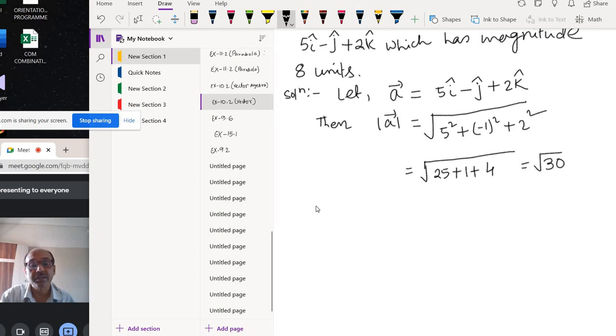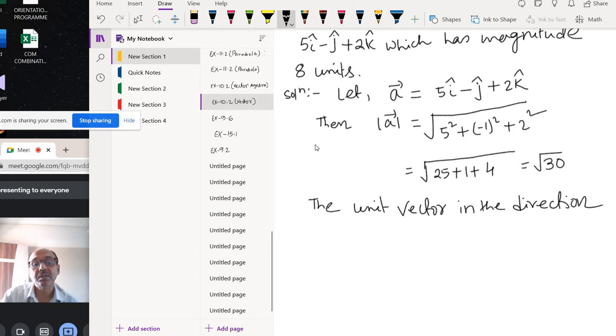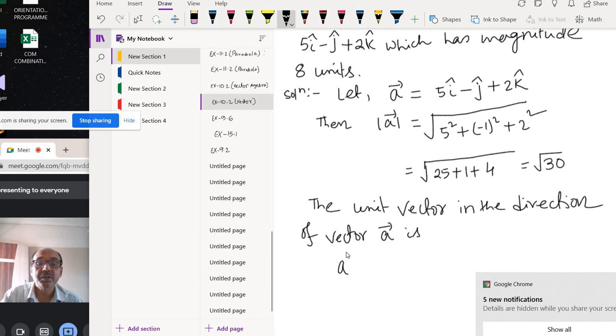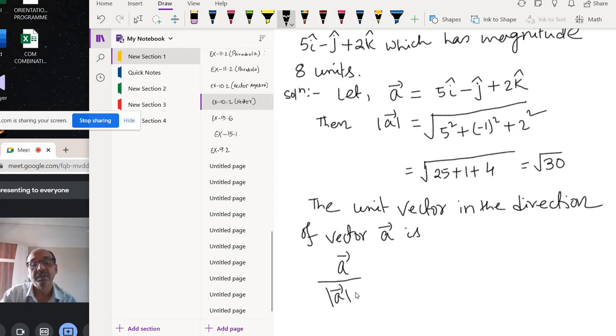Okay, now the unit vector in the direction of vector A is, so unit vector is vector A by magnitude of A. Okay, and this equal to vector A, which is 5i minus j plus 2k, divided by magnitude, which is root 30.